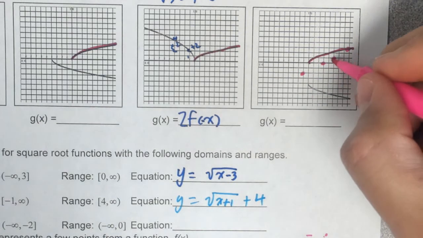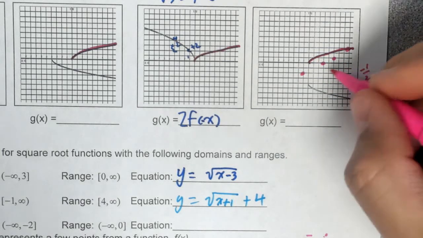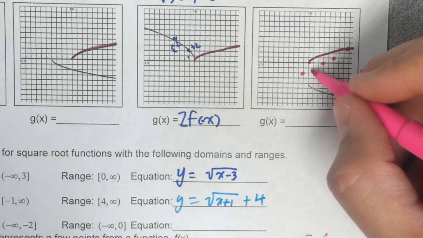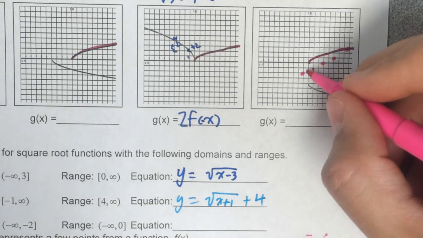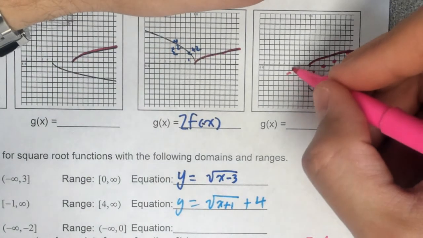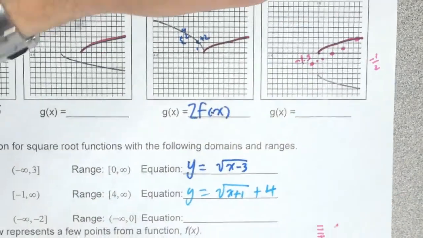The slope of this, down 1, left 1, so -1/2. It would get to this point, and it'll be halfway in between that. So the y-intercept would be -1.5, and my slope is -1/2.